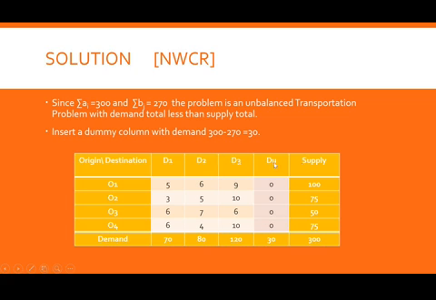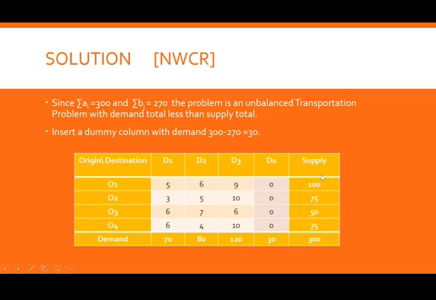So now my transportation problem has four origins O1, O2, O3, O4 and three destinations D1, D2, D3 and the dummy destination DU. And the cost matrix is 5, 6, 9, 0, 3, 5, 10, 0, 6, 7, 6, 0, 6, 4, 10 and 0.